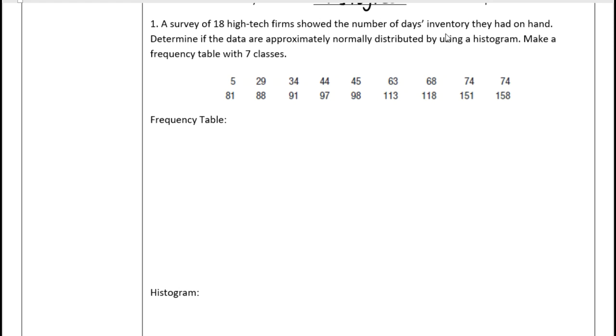In order to do a frequency table, there are a few things you need to do. You need to calculate the class width. This was back when we did this last semester. To calculate the class width, you take the range and divide it by the number of classes. In this case, you want 7 classes.